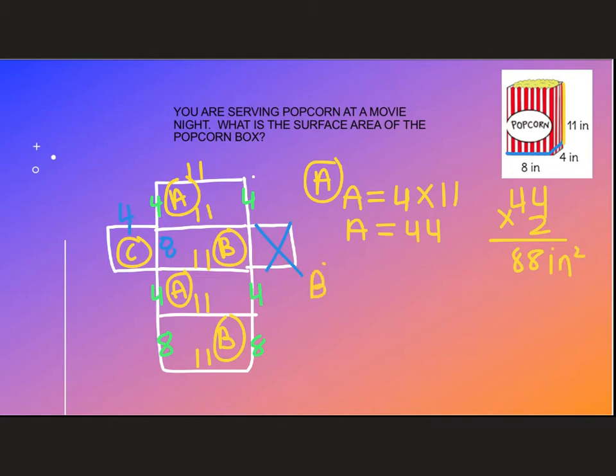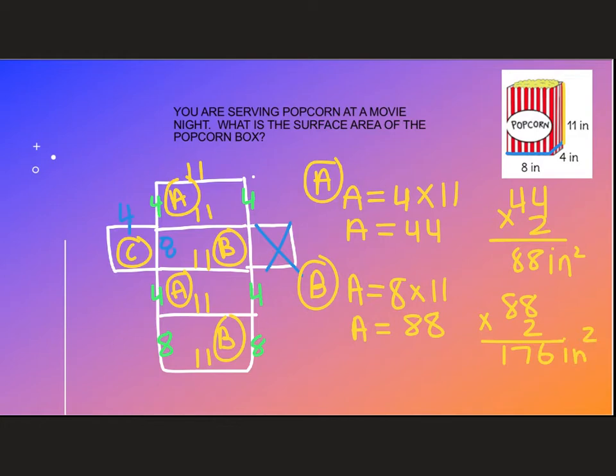Shape B, still a rectangle, so base was 8 times 11. 8 times 11 is 88. Again, we still have two shape B's, so 88 times 2 would give 176 inches squared.